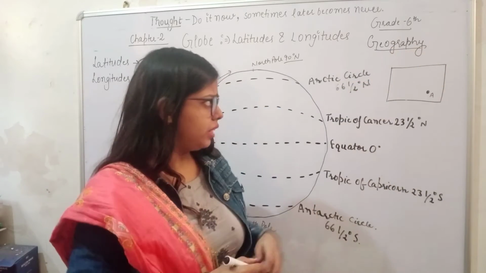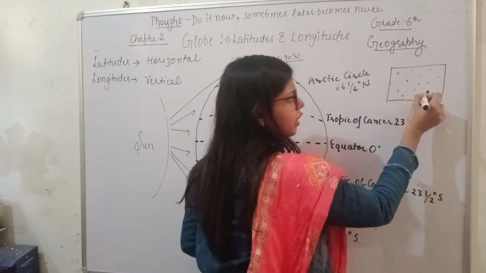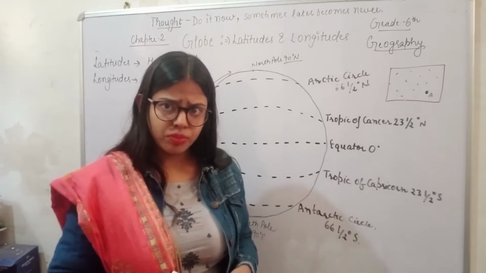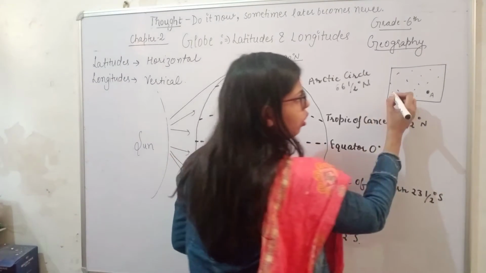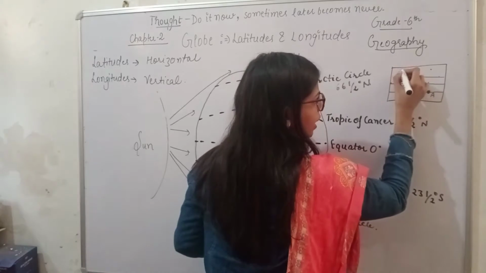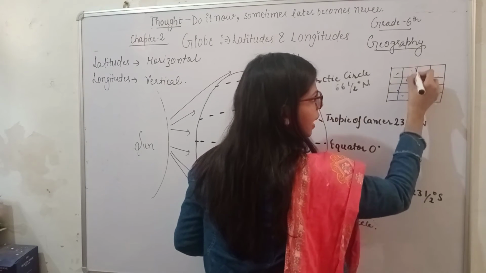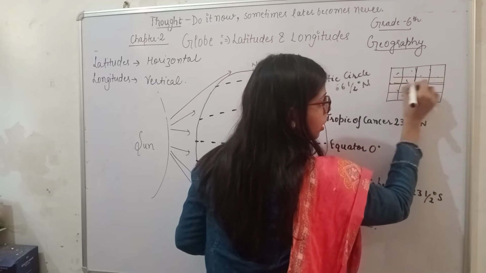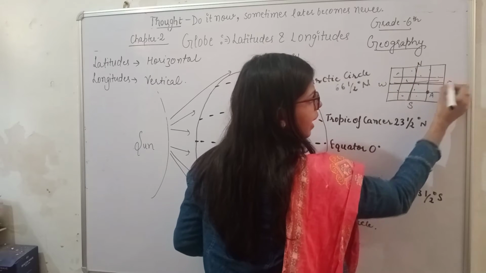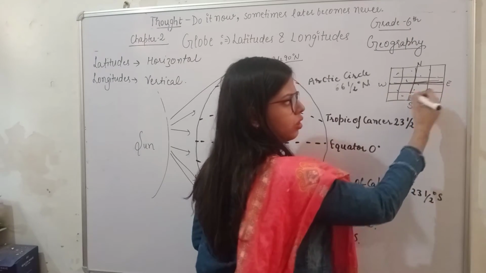This is a big locality, many houses are there. How can she find the house? How can I tell the location to my friend? So if I draw these horizontal lines like this, or the vertical lines like this, now I will be able to tell her that my house is in the southeast direction.